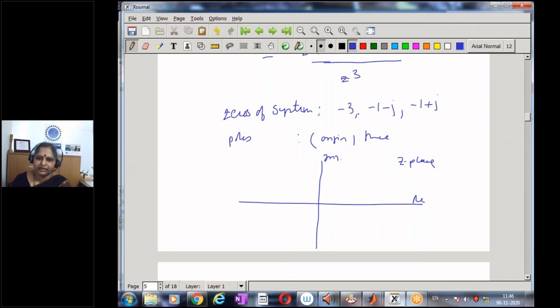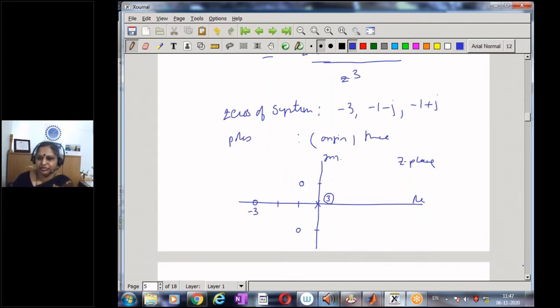I have 1 zero at -3, say -3, say -1, -2. I have another zero at -1 minus j, and a zero at -1 plus j. And I have three poles at the origin, and these are the location of my zeros.